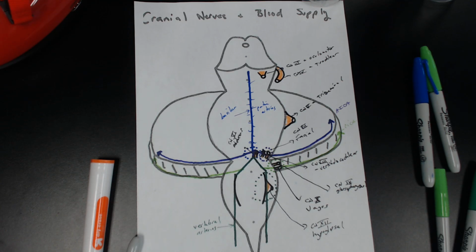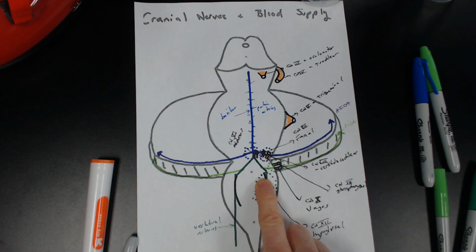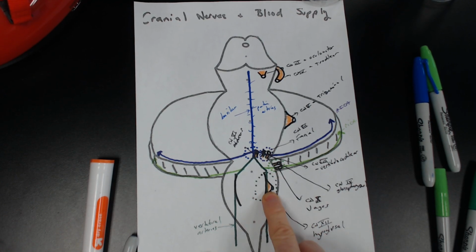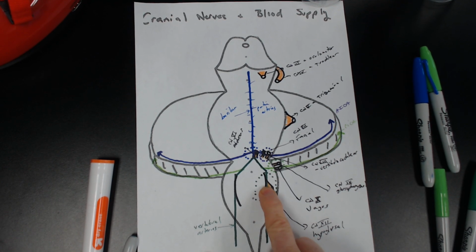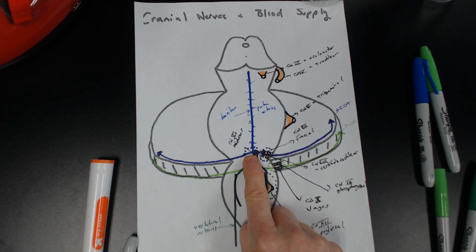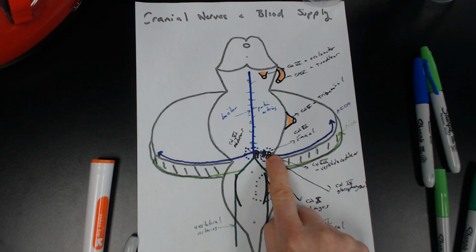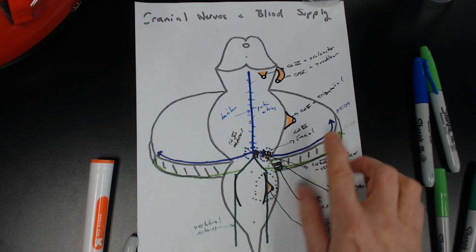Okay, that's with AICA. And so we have medial medulla, vertebral artery, lateral medulla is PICA. Medial pons is going to be basilar pontine artery, lateral pons is going to be AICA.